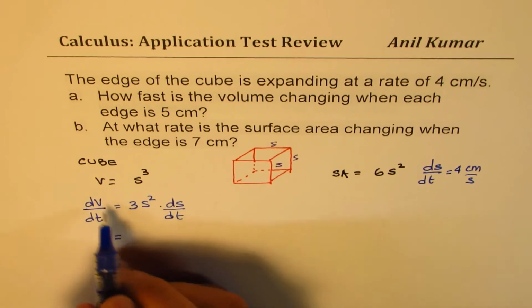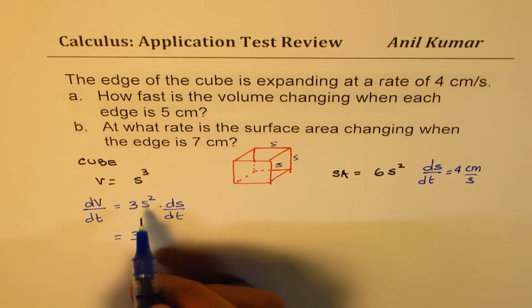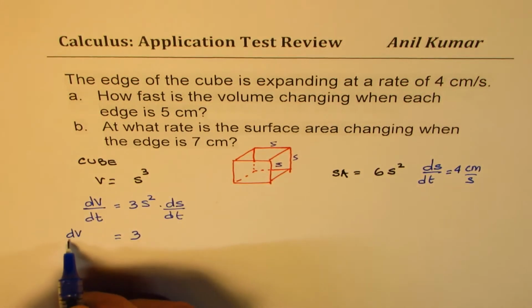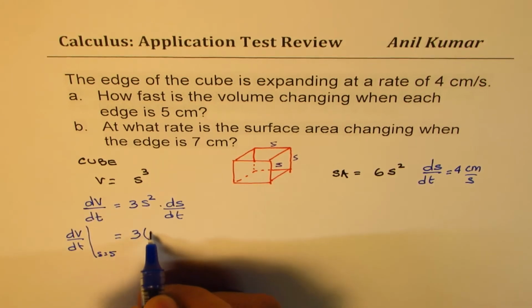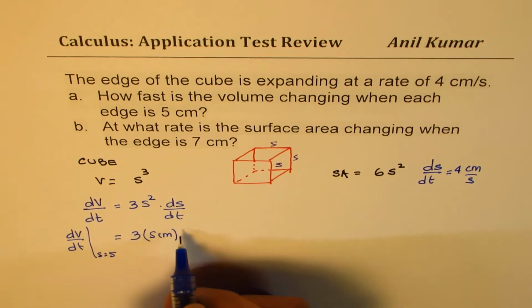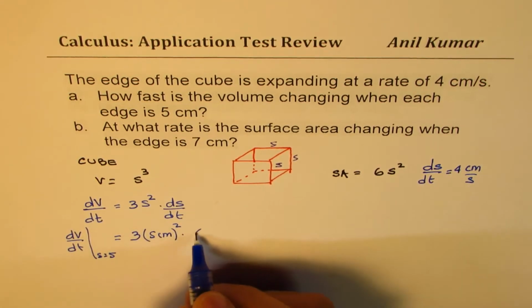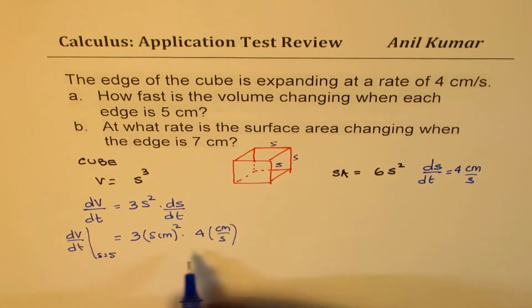So we get the change in volume will be 3 times S, which is given to us as 5 centimeters. It's good to write dV dt, where S equals 5. So I'll write here 5 centimeter this time. Is that okay? Square times dS dt is 4 centimeters per second, so that you take care of the units also.